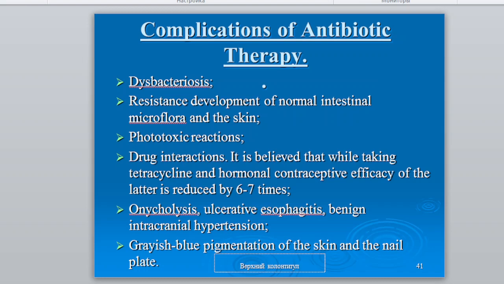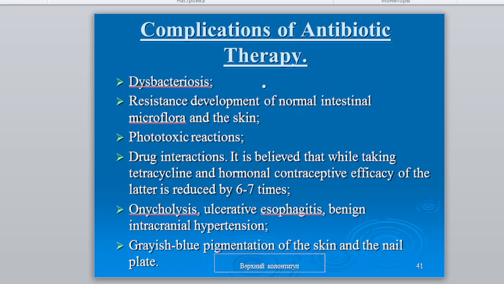It is believed that while taking tetracycline and hormonal contraceptives, the efficacy of the latter is reduced. Also colitis, ulcerative esophagitis, benign intracranial hypertension, grayish blue pigmentation of the skin and the nail plate.